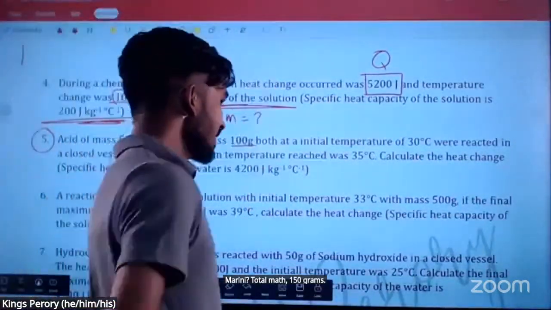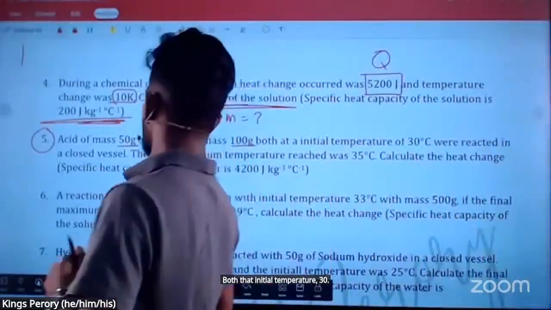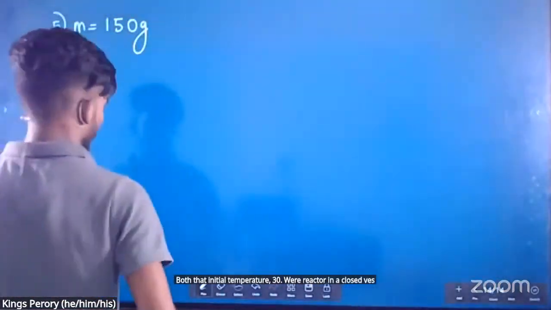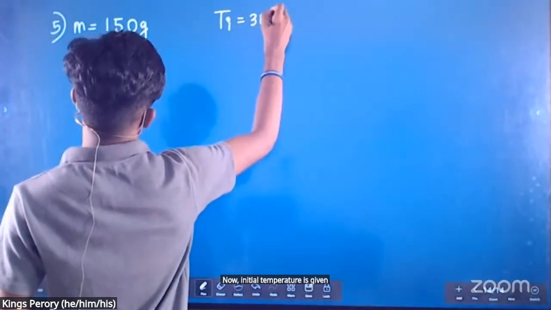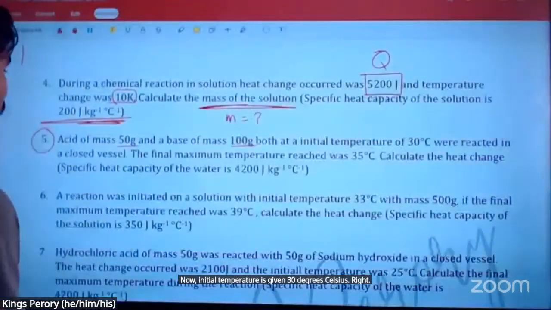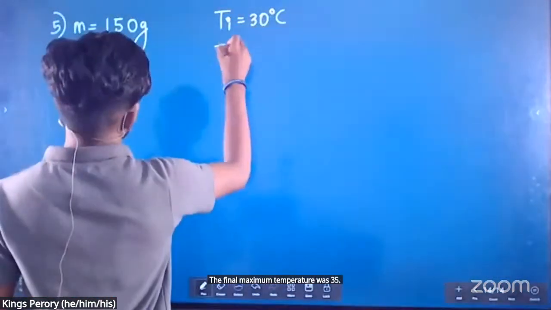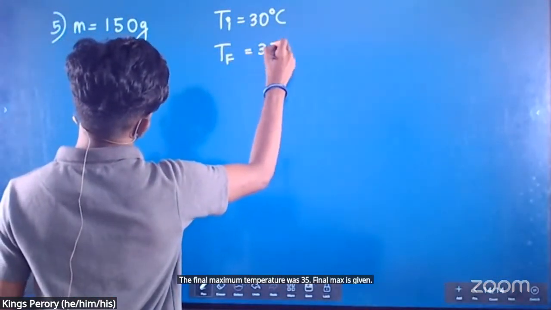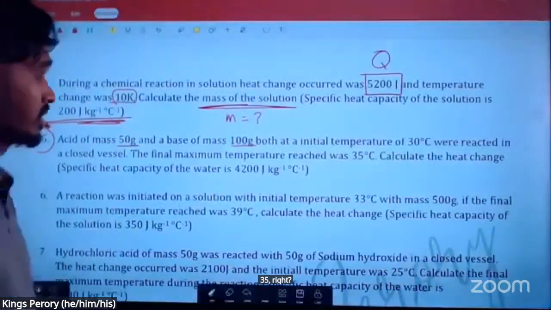Both at initial temperature 30 were reacted in a closed vessel. Now the initial temperature is given, 30 degrees Celsius. The final maximum temperature was 35. Final max is given, 35. That means theta is not directly given.